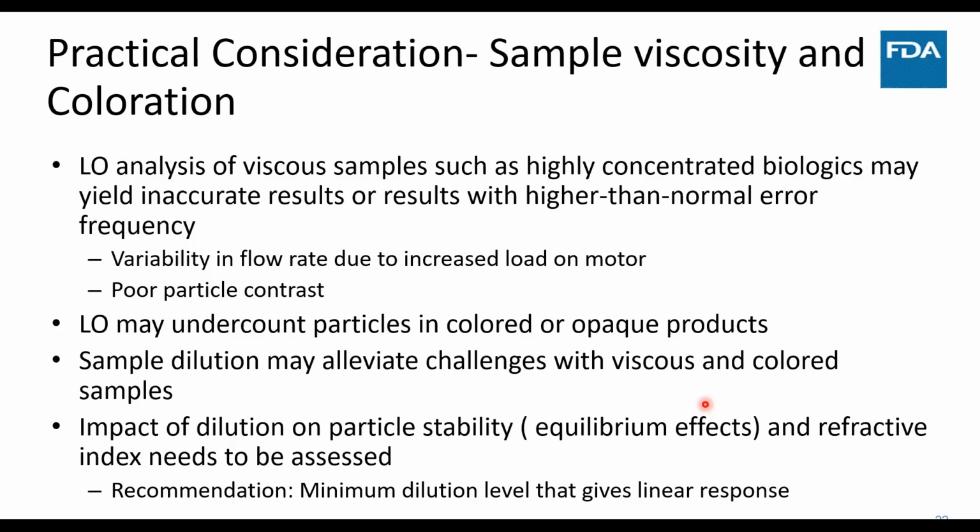Once I dilute the system, I could have a change in equilibrium where we have a movement from higher molecular weight products to some lower molecular weight species or monomers. In that instance, I have artificially changed the particle count in my actual product. It could also be due to refractive index changes. When you dilute, you also change the refractive index of your medium, and that could also work against you.